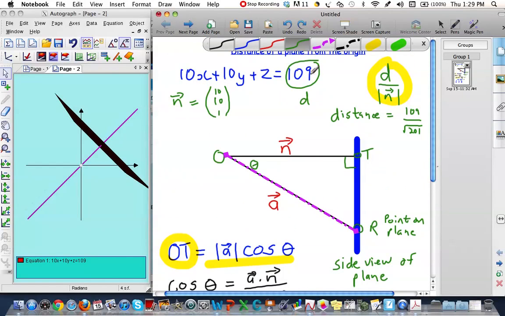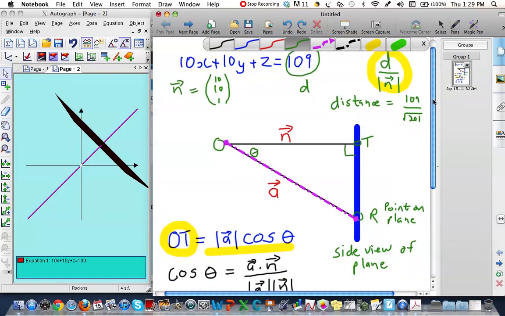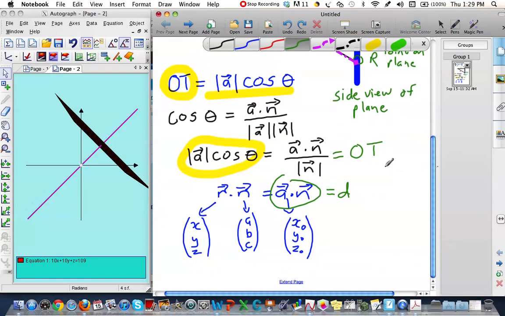The d value, the scalar, which would have been obtained from the dot product of the normal and any point within this plane, produced a scalar value of 109, and hopefully now it is clear that the dot product of a and n, which is in fact d, divided by the magnitude of n, yields the size OT, or the magnitude or length of OT, and that in turn is the distance of the plane from the origin.